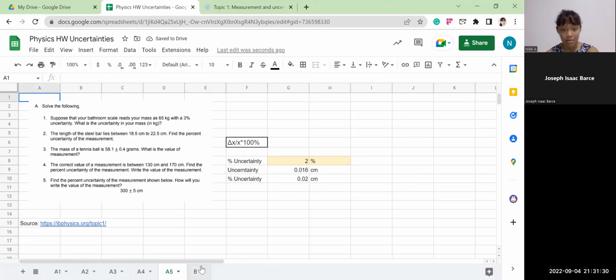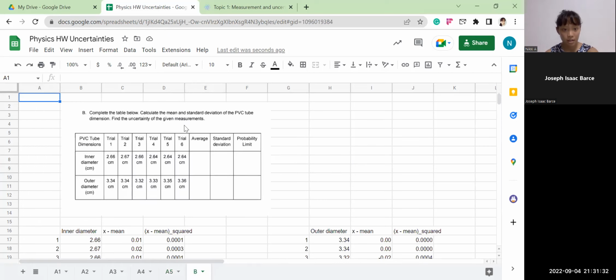All right. Now, let's move on to part B. Part B, you have a table with different values. You have the inner diameter and the outer diameter. You have 6 trials. How do you get the average? Add all of them, then divide by how many values?